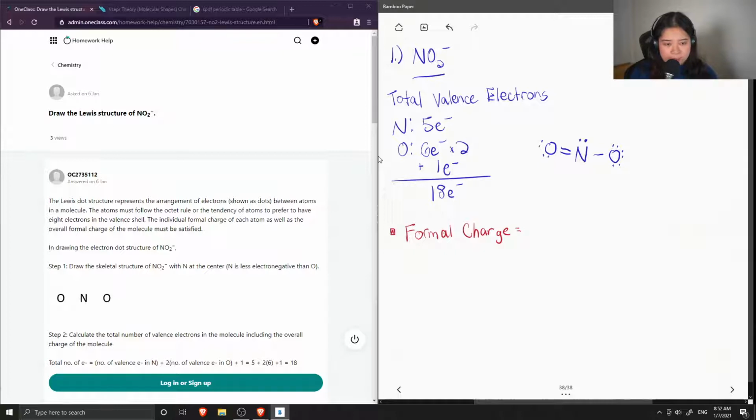Its equation is the number of valence electrons minus the number of non-bonding electrons, so these are all the electrons in the lone pairs, and lastly, the number of bonding electrons divided by 2.